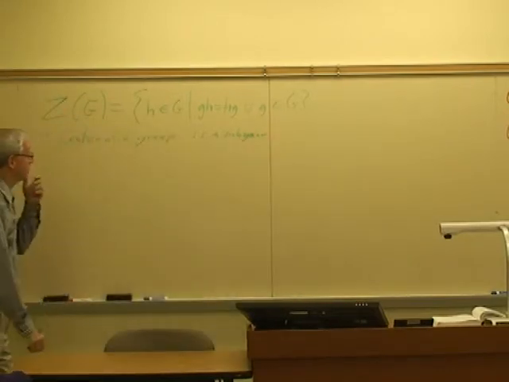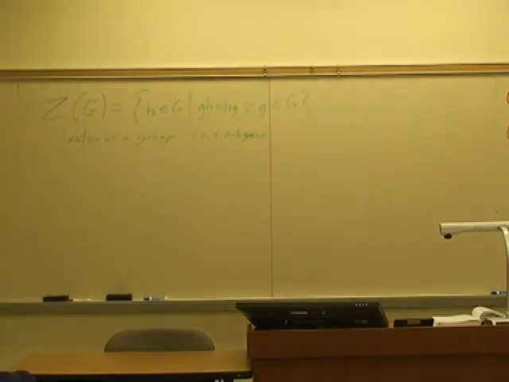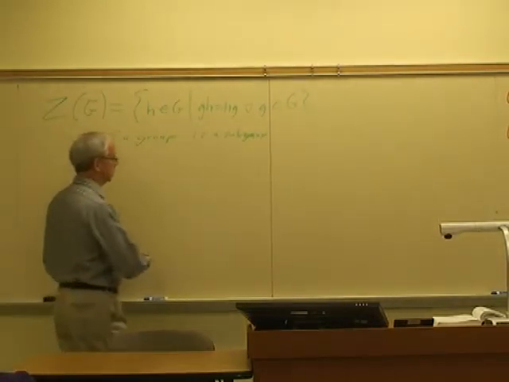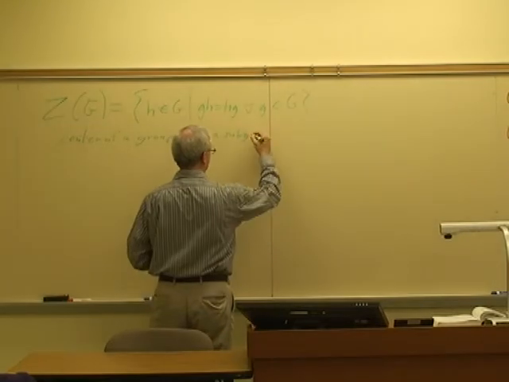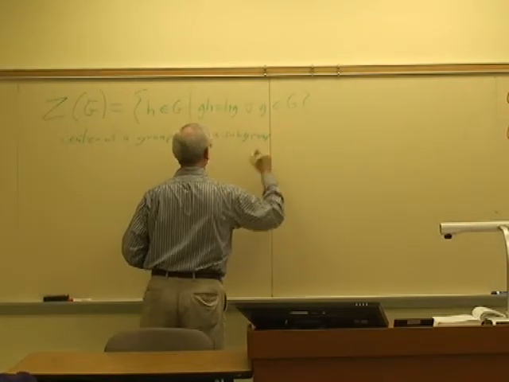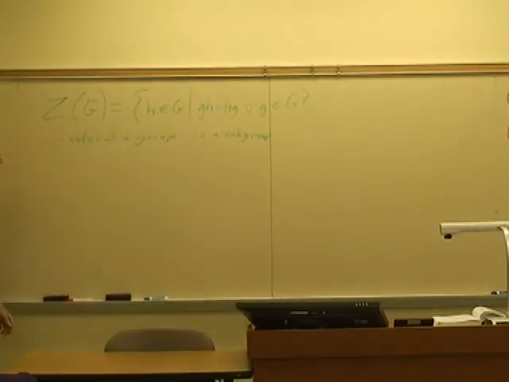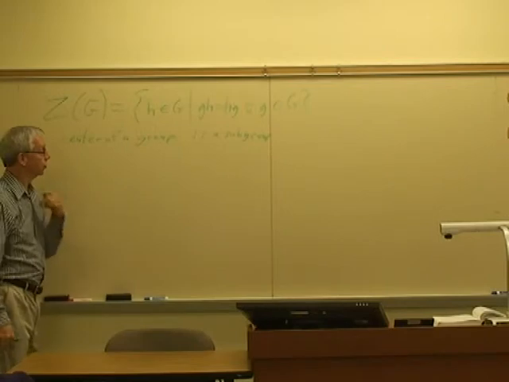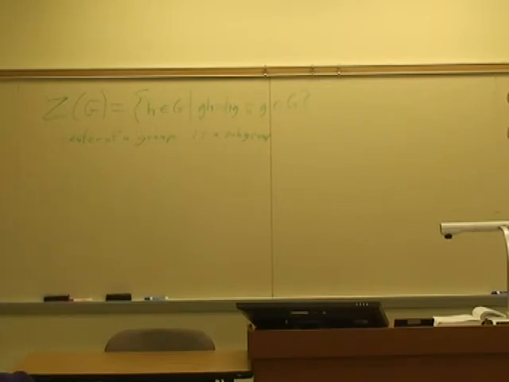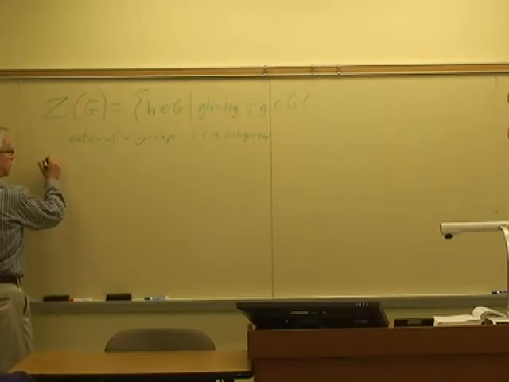You can look back at notes. It's a subgroup because the identity certainly commutes with everybody, so the identity's in there. And we showed by using inverses and cancellation that if H is in there, its inverse also commutes. So it's a subgroup. In fact, it's a normal subgroup, and the proof is easy.